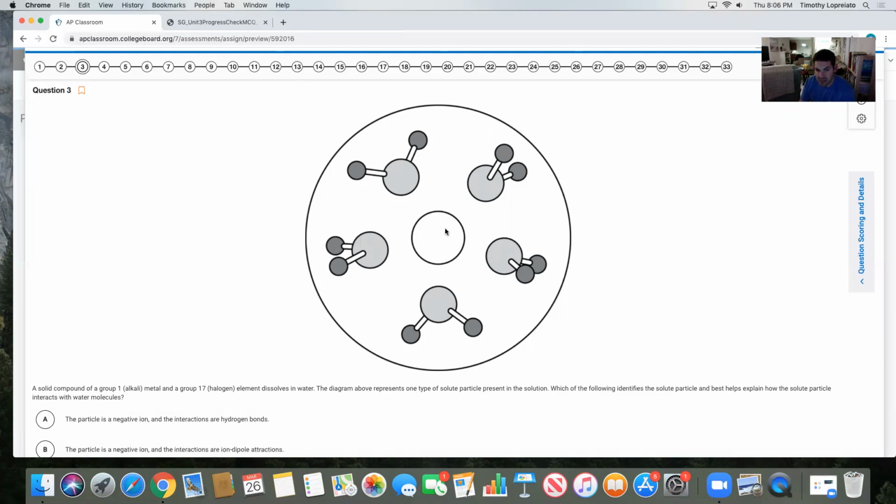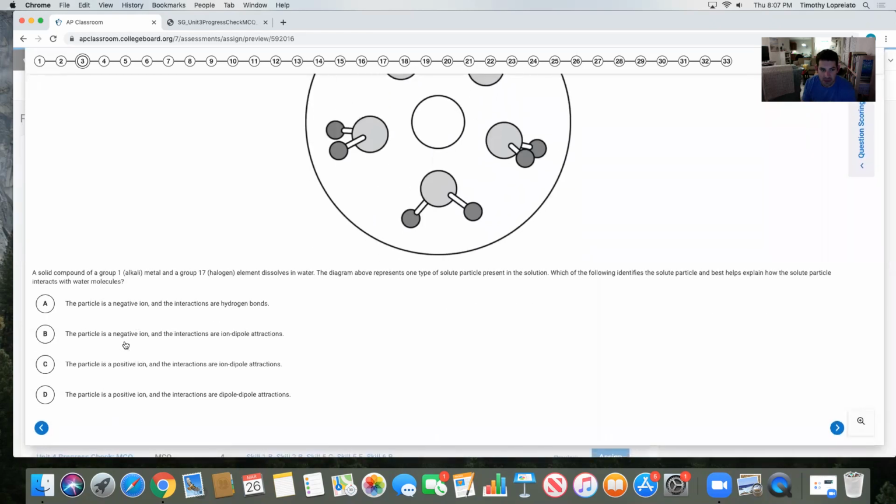All right, so this is either the alkali +1 metal or the halogen -1 anion. Now, we see the water molecules around it. Now we know this is the oxygen. It's bigger and there's only one of them. The oxygen is near it. The oxygen has what charge? It's partially negative. So that means this must be positive.